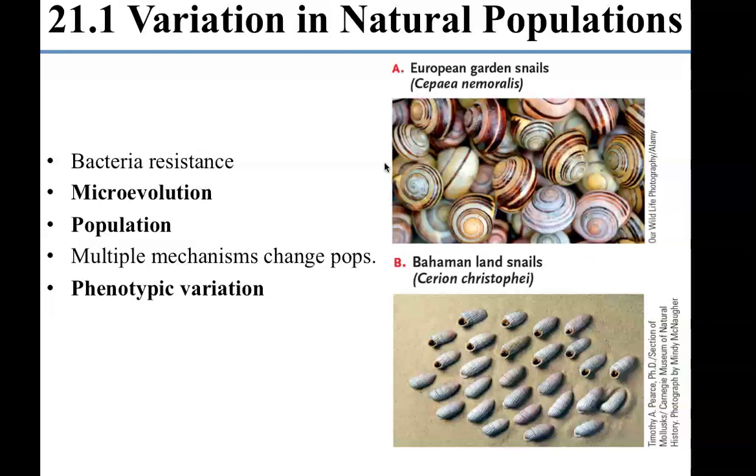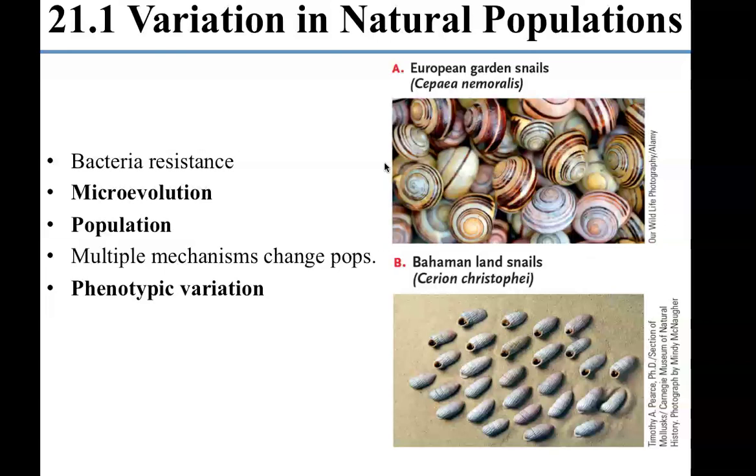Those bacteria display variation, they have diversity, and the penicillin kills the members of a bacteria population that do not have resistance to it. However, the bacteria that do have resistance will survive and reproduce, and so over time your population shifts from one that is mostly susceptible to the antibiotic to one that is mostly resistant.